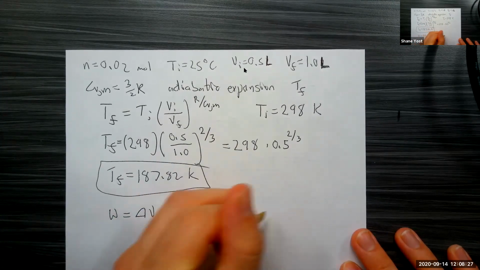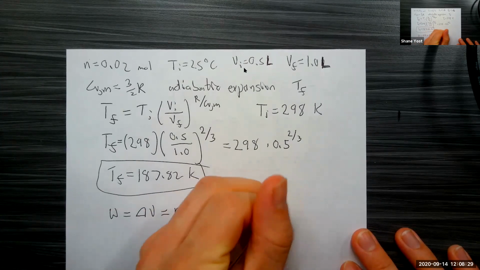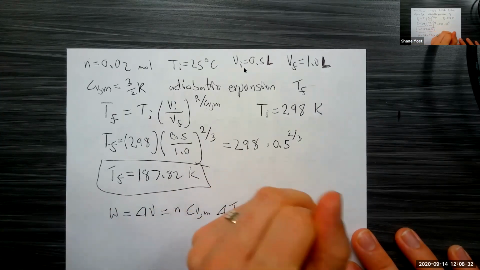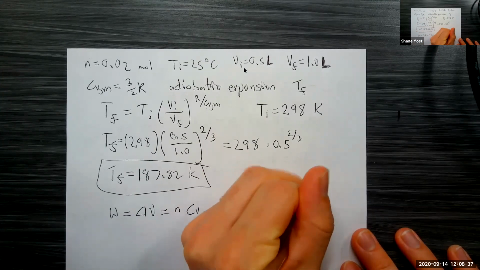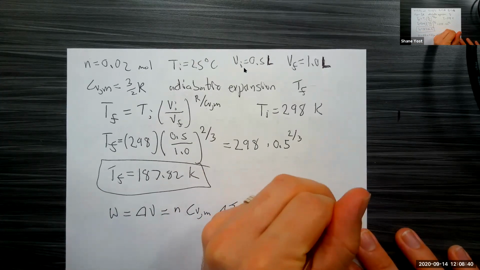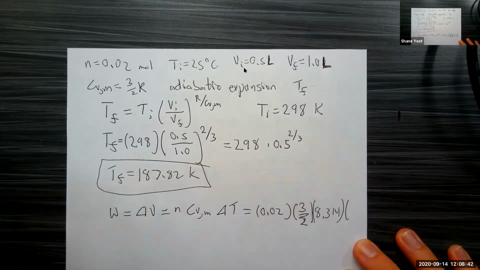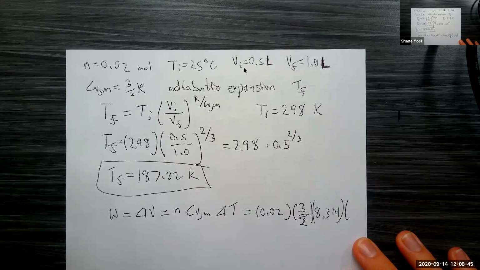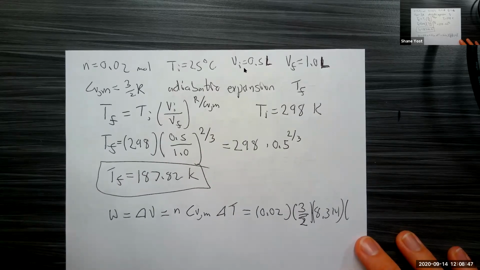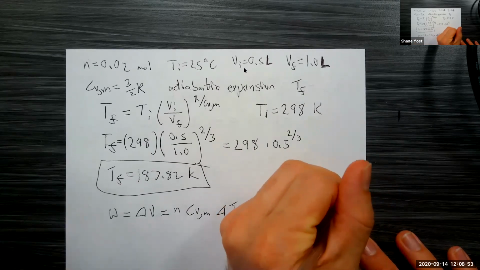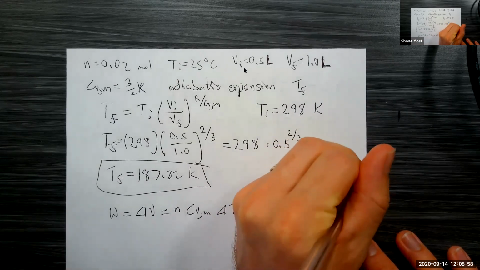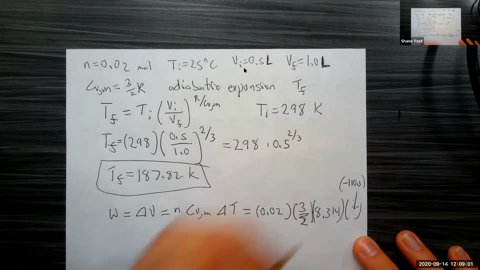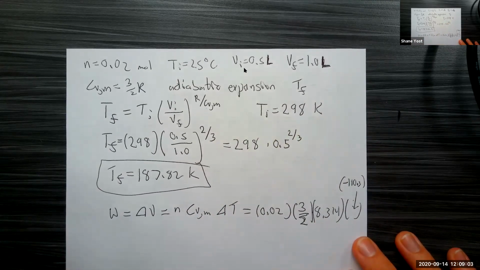And so this is equal to 0.02 moles times 3/2 times 8.314 times our change in temperature, which is negative 110.3.